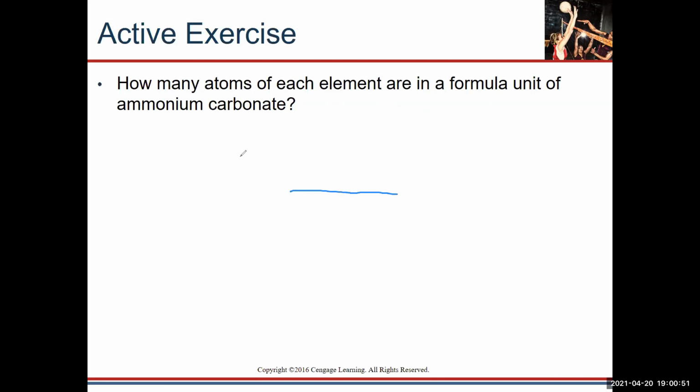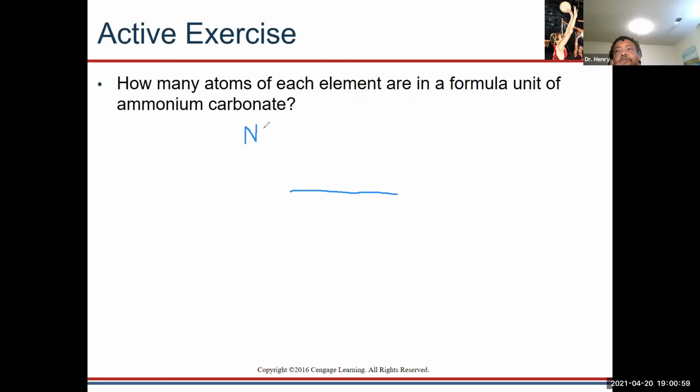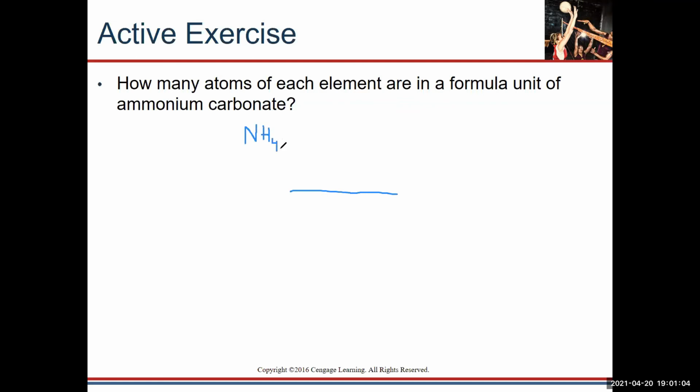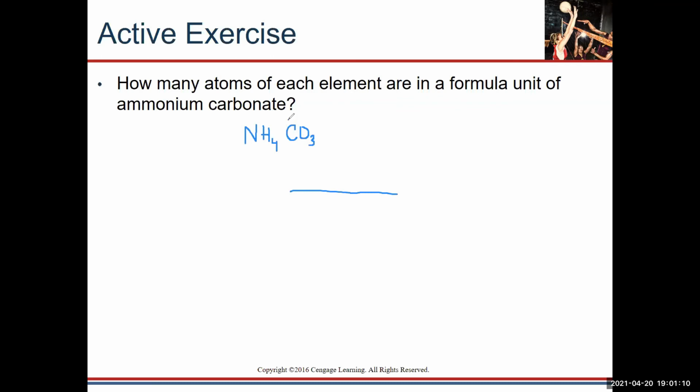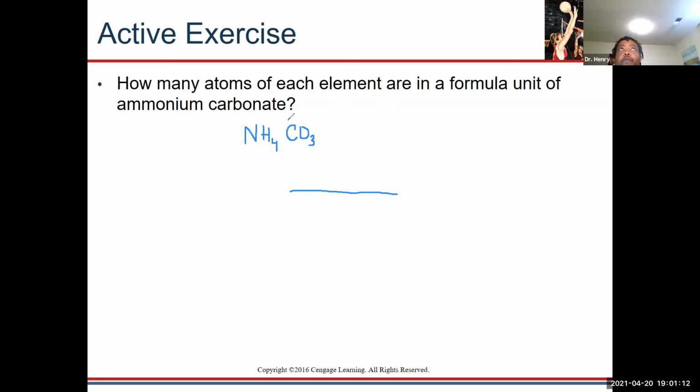Ammonium, +4. NH4. Okay, carbonate CO3, 2 negative. So what is the charge on ammonium? Positive. So then how many ammoniums will I need to balance out that -2 charge on carbonate? 2.